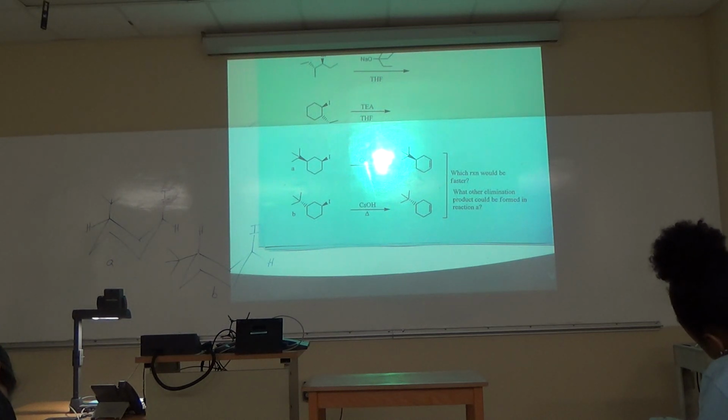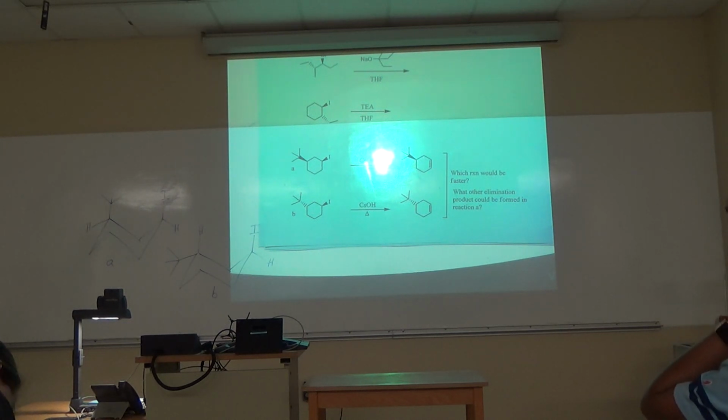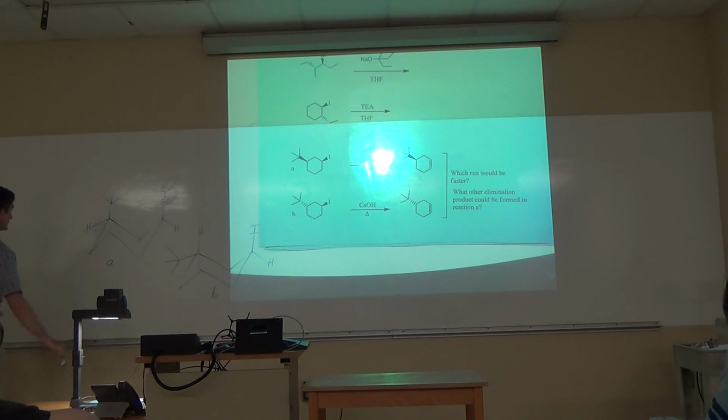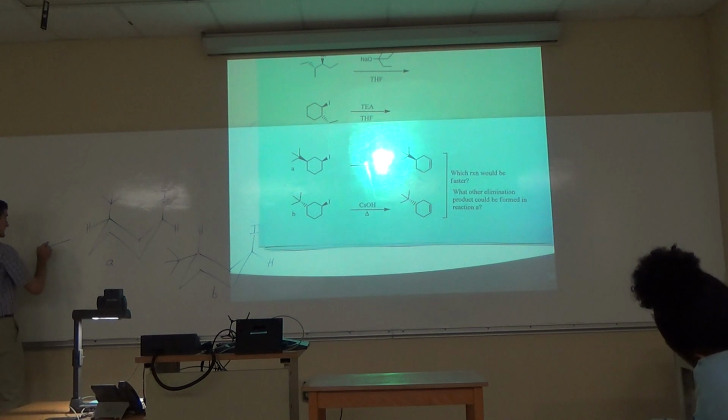Which compound is going to be mostly in this conformation? This is the conformation it can eliminate in. Are they both just as likely to be in this conformation? Or does one of them want to do a ring flip? A wants to do a ring flip. It has 1,3-diaxial interactions.